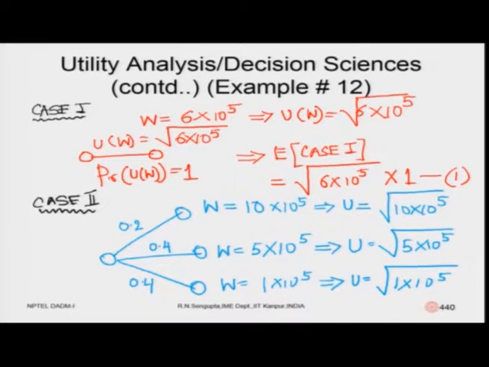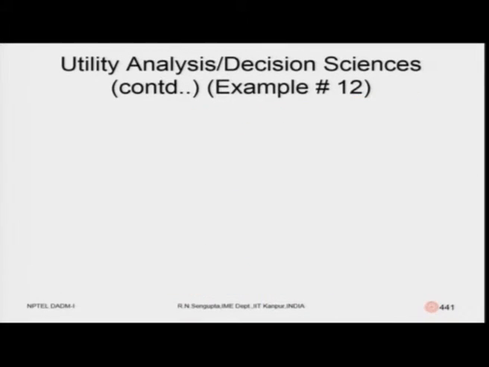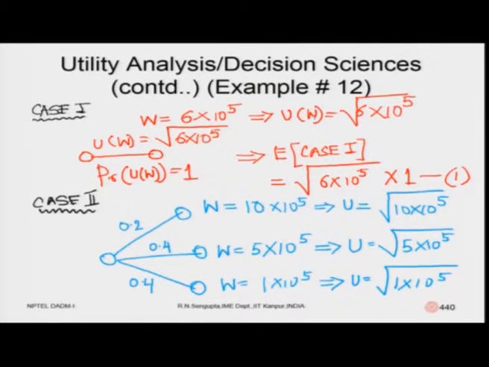Now, if I want to find out the probabilities, I will go to the next slide. So, the expected value for case 2 is equal to, I will show it, so it will be the utilities 10, 5, 1 multiplied by the probabilities. What are these?